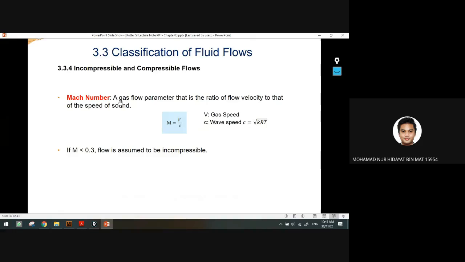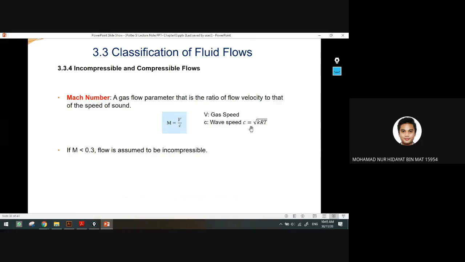So the Mach number is a gas flow parameter, the ratio of flow velocity to the speed of sound. The formula is the velocity of the flowing gas over the speed of sound.